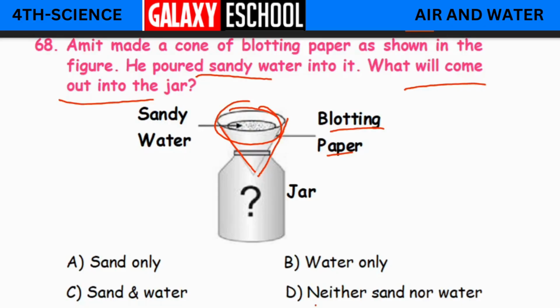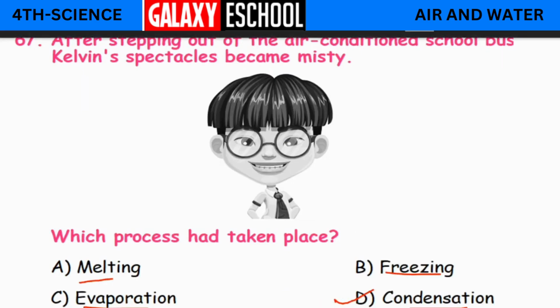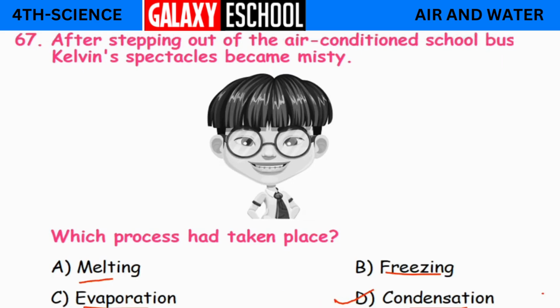Because as this is blotting paper, the water will be absorbed completely, and the sand is not going to come out from this paper. So that is why neither sand nor water is the answer. Clear children? Neither sand nor water. Yes, D is the correct answer. Clear? Yes, now.